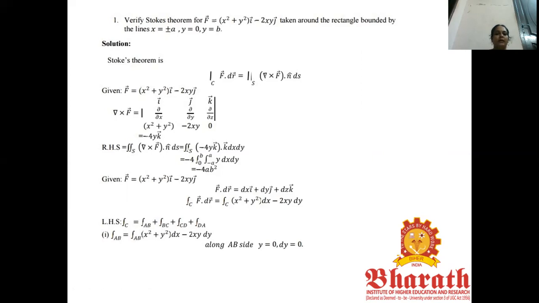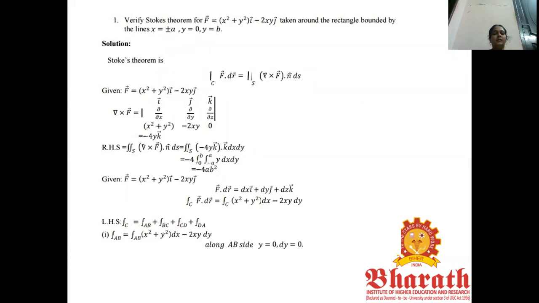So the integral over C is equal to integral over AB plus integral over BC plus integral over CD plus integral over DA. First we calculate the integral along AB. Here the integral along AB is the integral of x square plus y square dx minus 2xy dy.